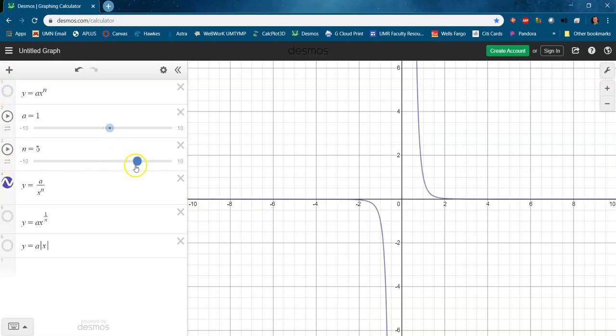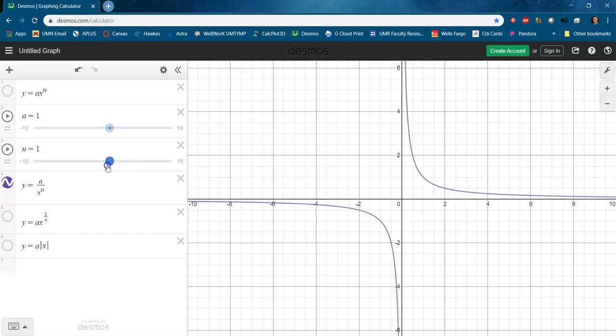Let's look at this one, and I'll reset n to 1. Now we're looking at reciprocal functions. And don't say inverse, it's reciprocal. This would just be 1 over x, a hugely popular function that we need to know, and we will see many more times this semester. This one is decreasing on its entire domain.